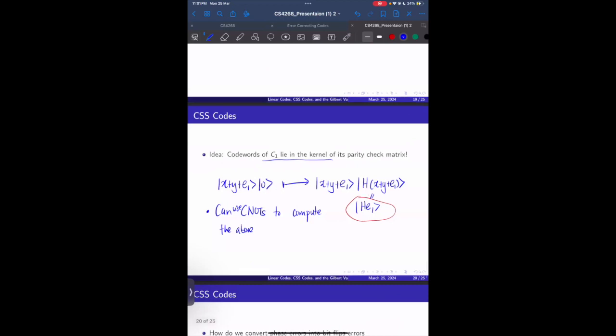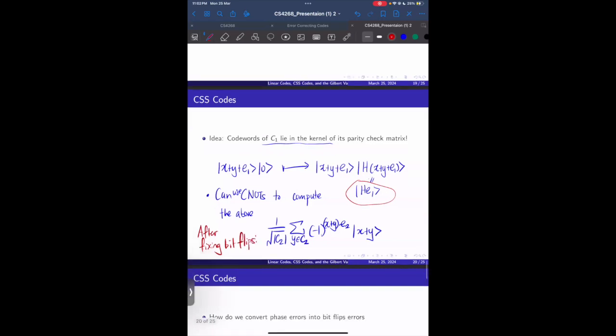So once we have corrected for the bit flips, we have the following state. Right, this is after we correct for the bit flips.